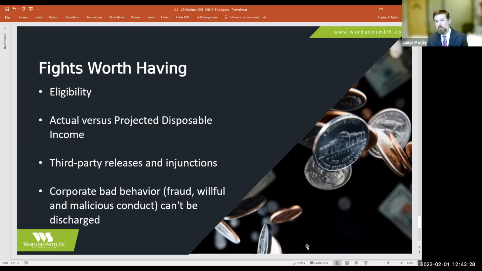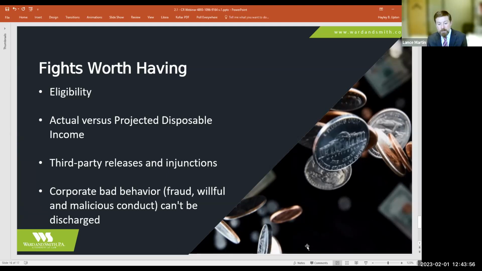There's at least one bankruptcy court judge who issued an opinion in the last month who required actual disposable income. And he wanted the plan to require sort of quarterly reporting and essentially a true up based on what the actual income available for the payment of creditors would be.